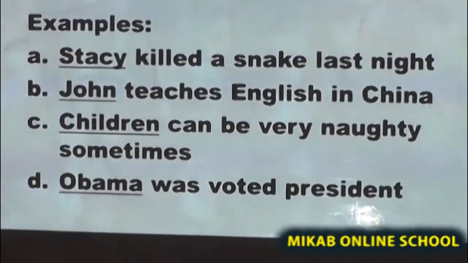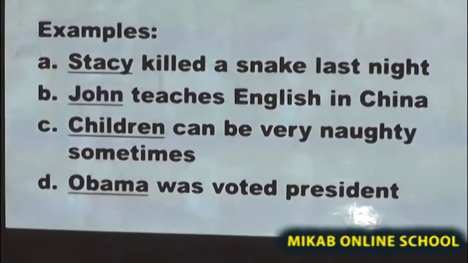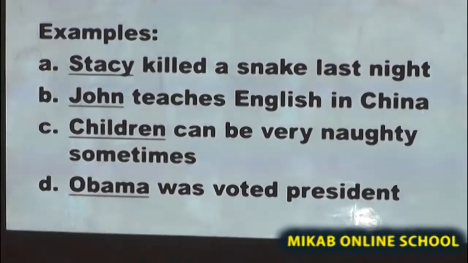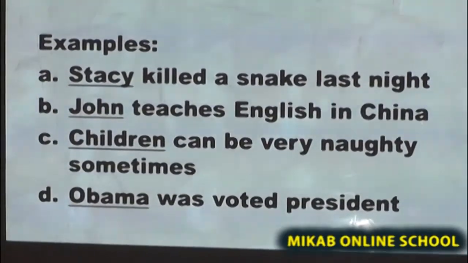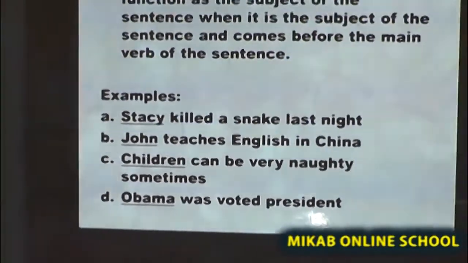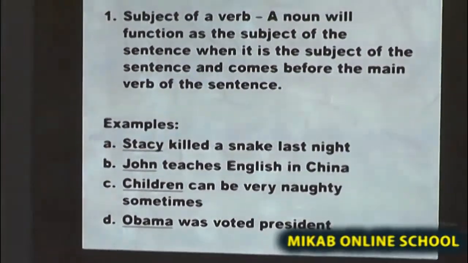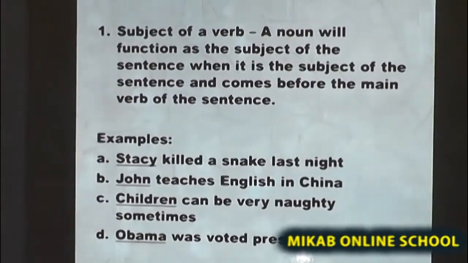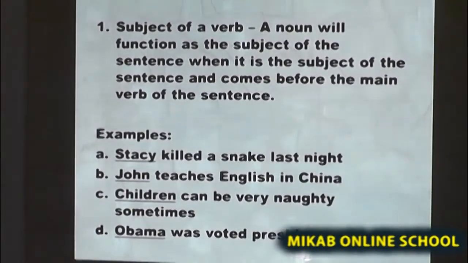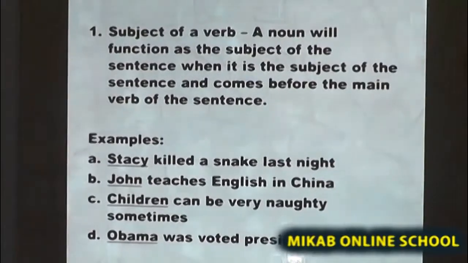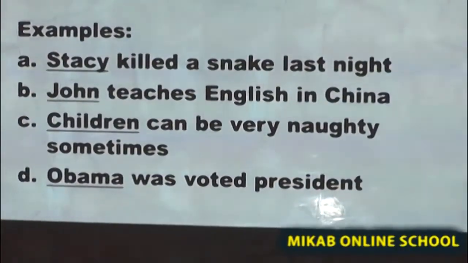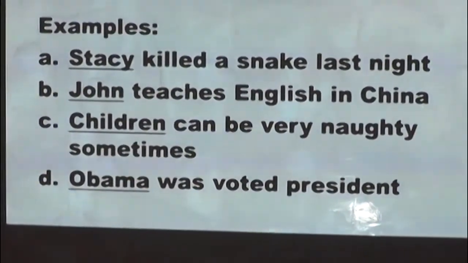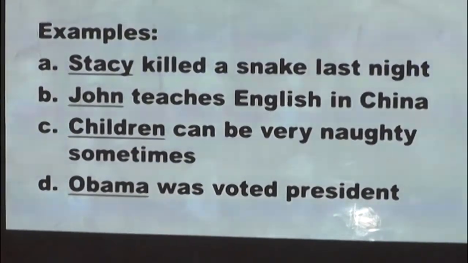And the fact that Stacy, John, children, Obama are nouns, they begin the sentence. That means they are the doer of their action. Therefore, they are nouns functioning as the subject of the verb in that sentence. Because one, they are performing an action, and again, they begin the sentence and they come before what? The verb in that sentence.